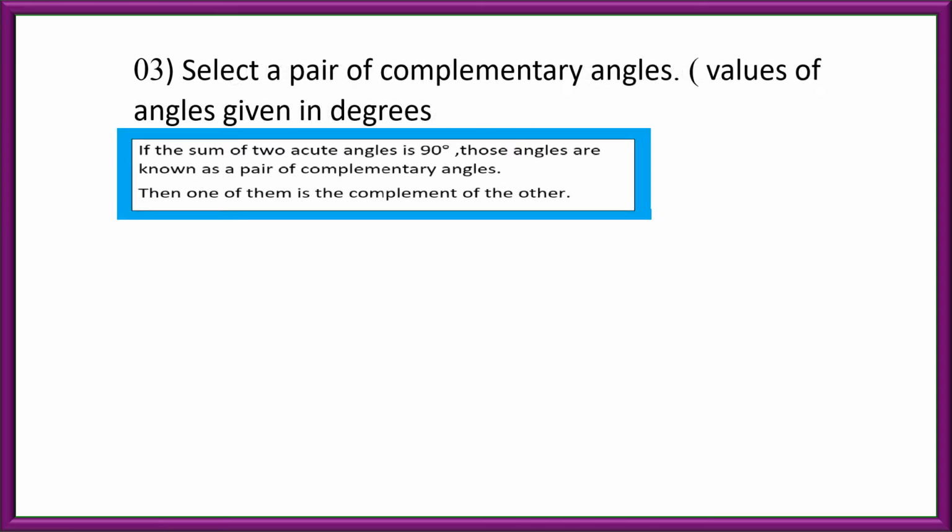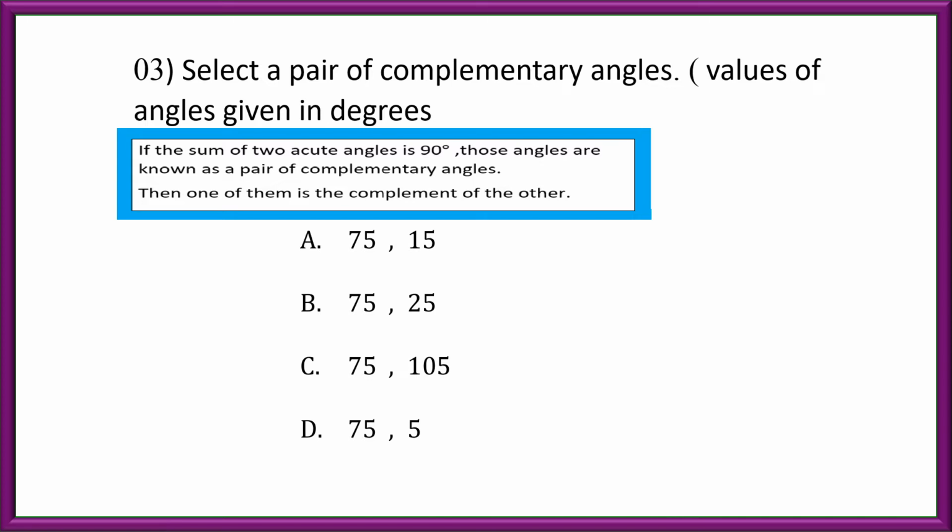Question number 3. Select a pair of complementary angles. If the sum of two acute angles is 90 degrees, those angles are known as a pair of complementary angles. Therefore, let's observe the given pairs of angles.